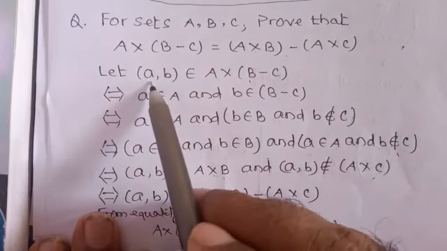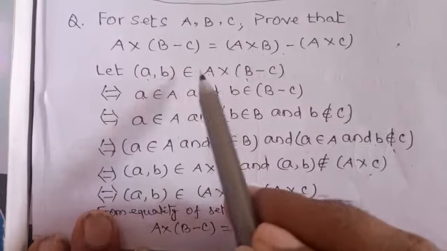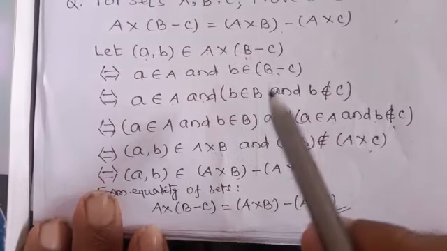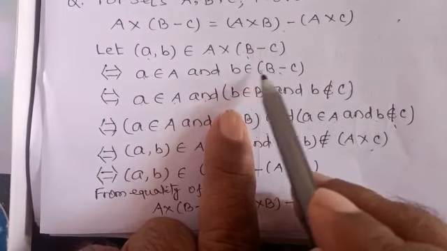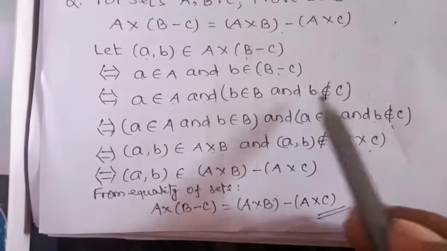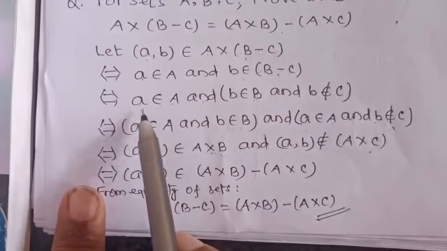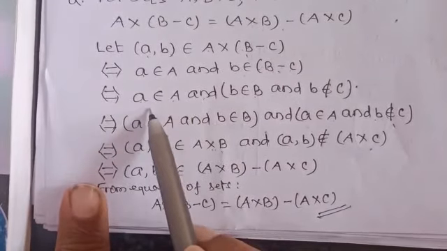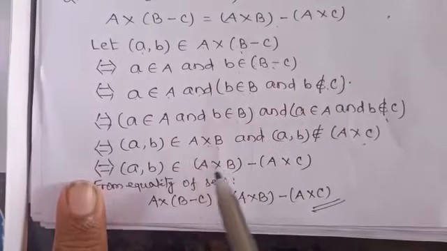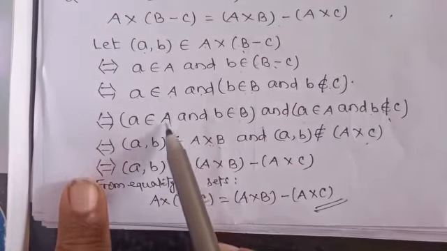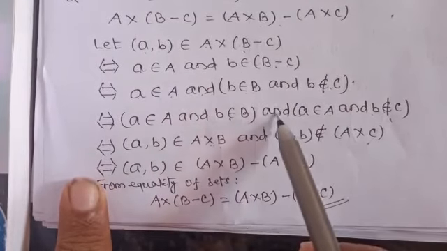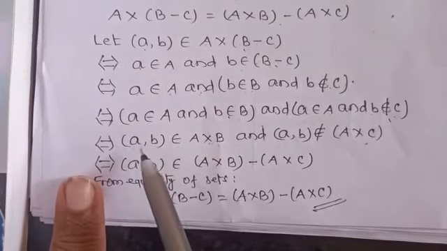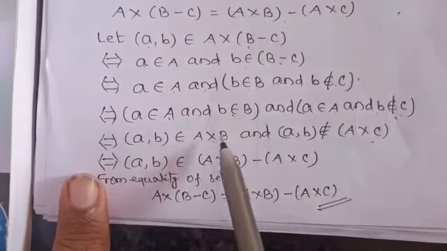According to the definition, a belongs to set A and b belongs to B minus C. This implies a belongs to A and, applying the difference of two sets, b belongs to B and b does not belong to C. Again apply distributive law on the sets, means a belongs to A and distributed over B as well as C. So this implies a belongs to A and b belongs to B, and a belongs to A and b does not belong to C. So this implies (a, b) belongs to A cross B.